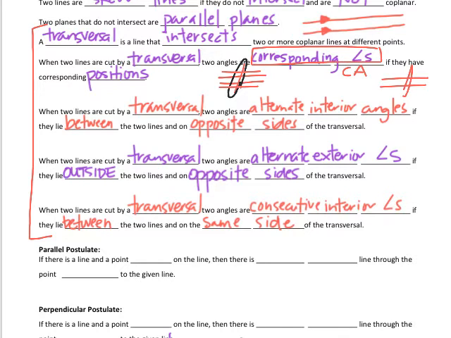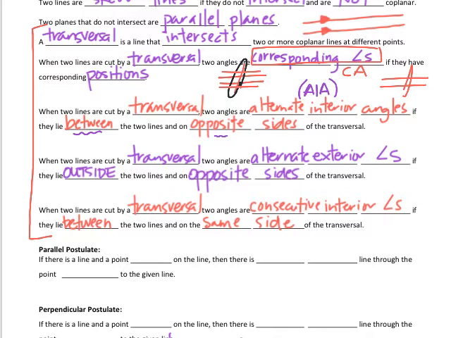We also have the alternate interior angles. Alternate interior angles, I usually just abbreviate AIA, so we don't have to write it all out each time. These are the ones that lie between the two lines and on opposite sides of the transversal. I'm going to draw a picture of this in just a moment to kind of clarify what we're talking about.